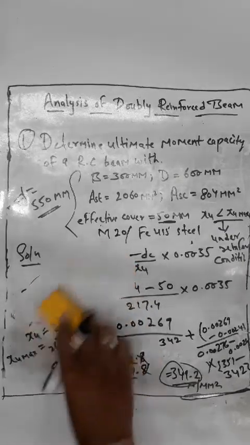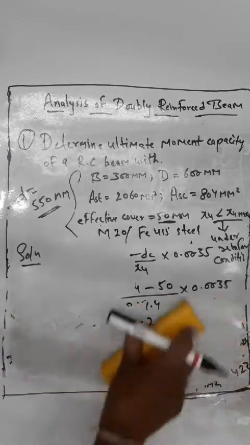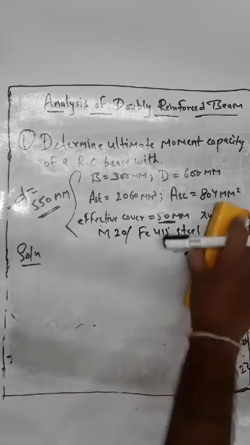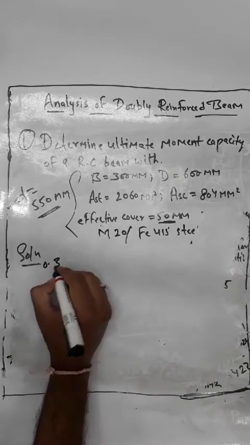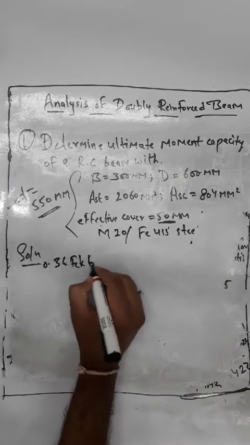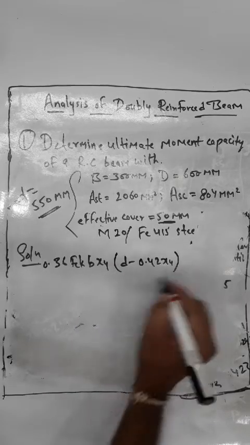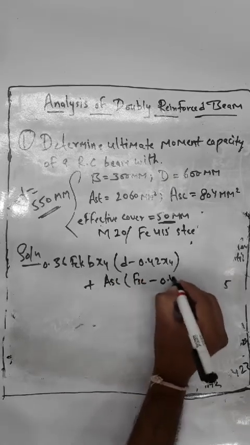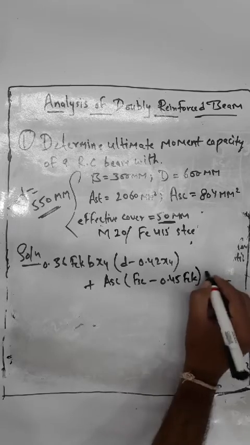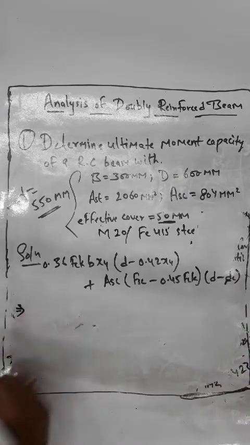For finding the ultimate moment capacity we have one formula. The formula is 0.36 fck b xu (d minus 0.42 xu) plus Asc fsc minus 0.45 fck (d minus dc). This formula is used for finding the moment of resistance. Now put all values in this equation.